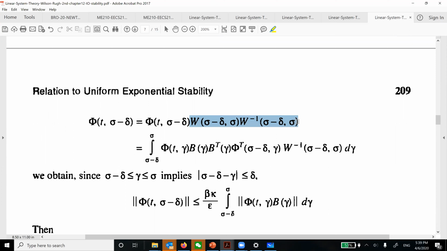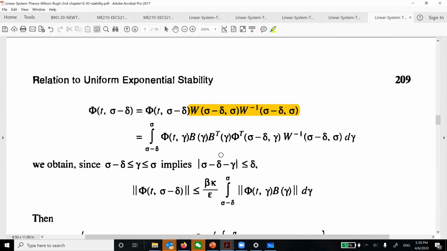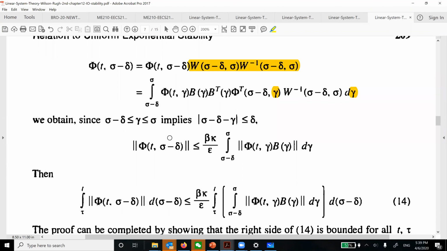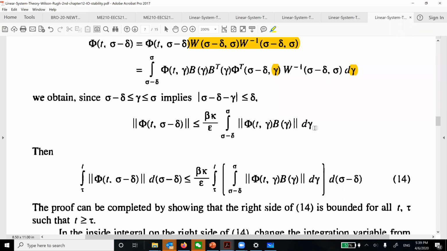This is just I, okay? And the Gramian has a definition. Then you bring this in because you are doing integration to gamma. Therefore, this can be bounded in this way.